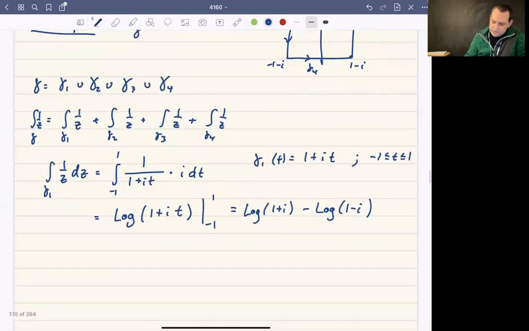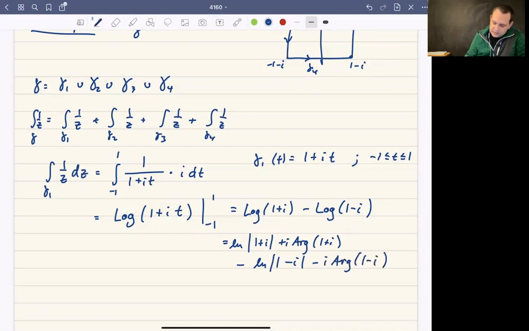That's going to give us the natural log of the absolute value of 1 plus i, plus i times the argument of 1 plus i, minus the natural log of the absolute value of 1 minus i, minus i times the argument of 1 minus i. And if I do this correctly, this is going to work out to be pi over 2.